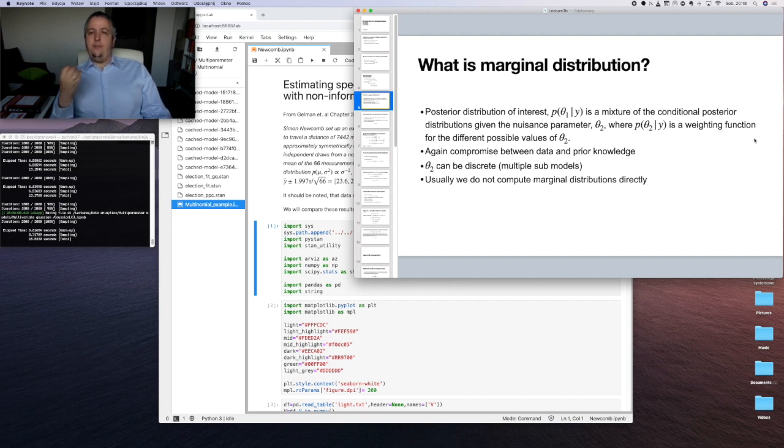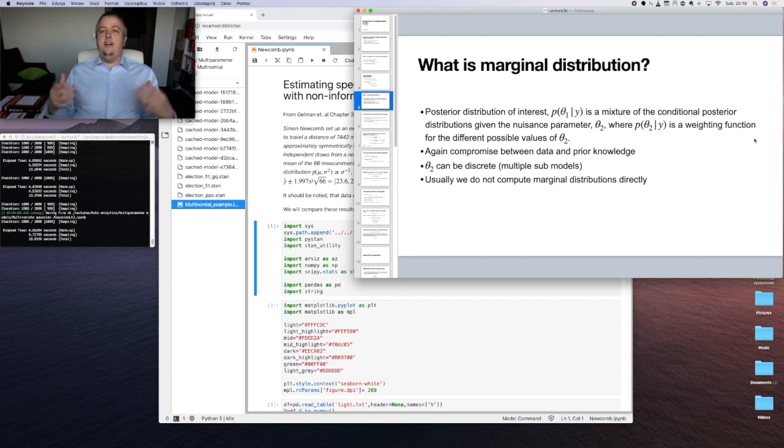In the case of our posterior distribution of interest, so the distribution of vector θ1, parameters of interest, conditional on our measurements, it is a mixture of conditional posterior distributions given our nuisance parameters, with a weighting function that is the distribution of possible values of θ2. So we are averaging our distribution, assuming certain weights depending on how probable certain values of θ2 are. So we want to remove θ2 by averaging the results.